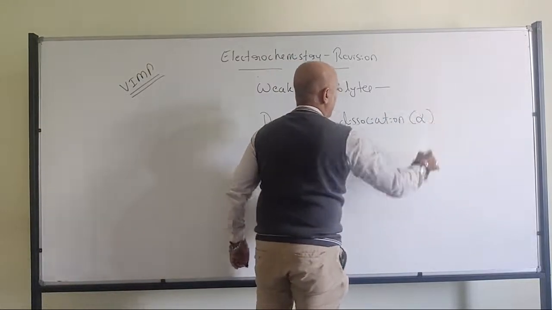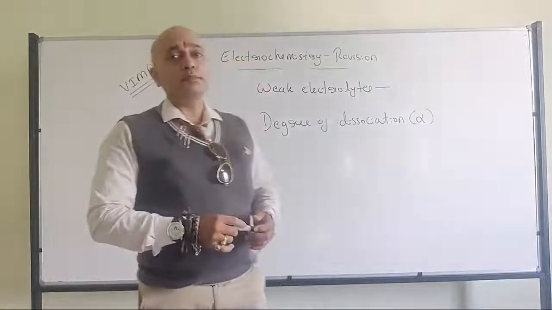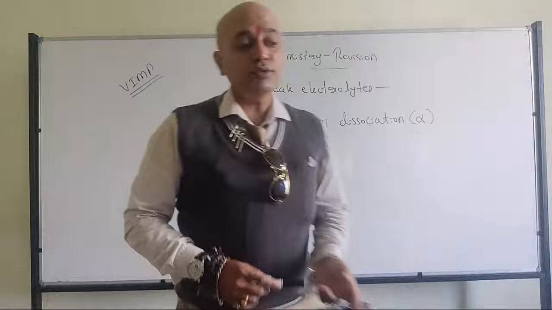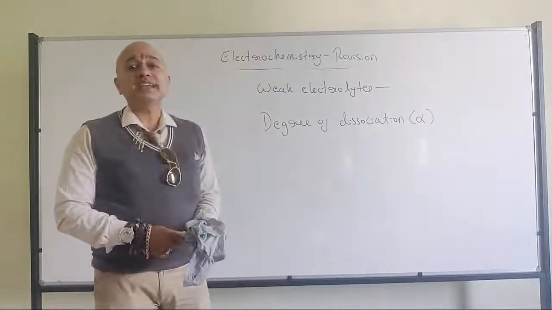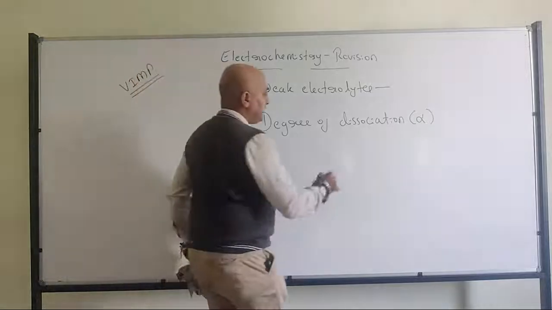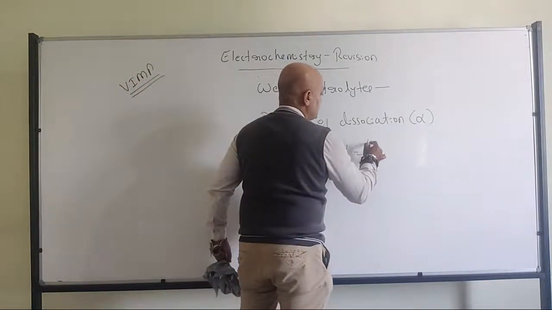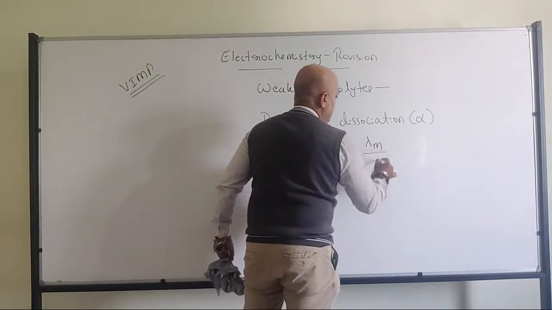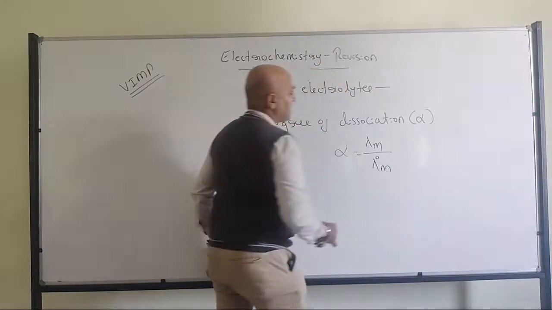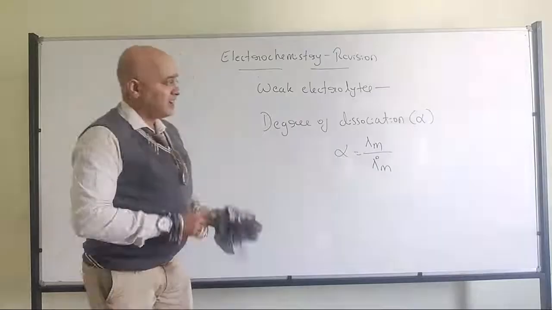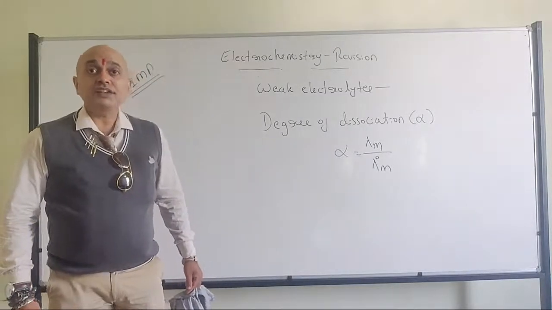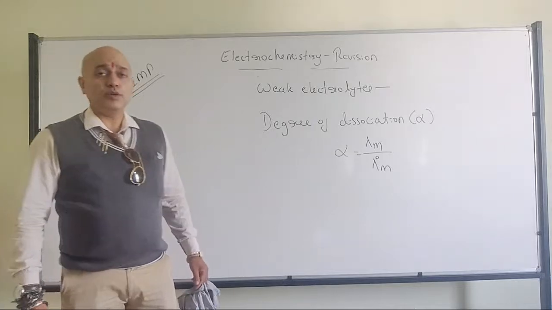That is alpha. In first PU, you have studied degree of dissociation in chemical equilibrium, right? So I can tell that alpha is equal to molar conductivity divided by limiting molar conductivity.